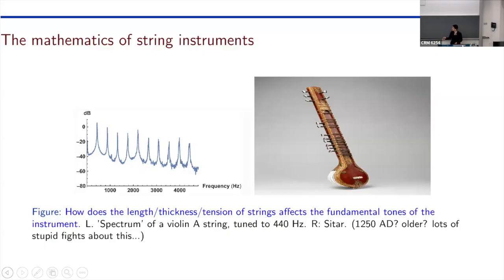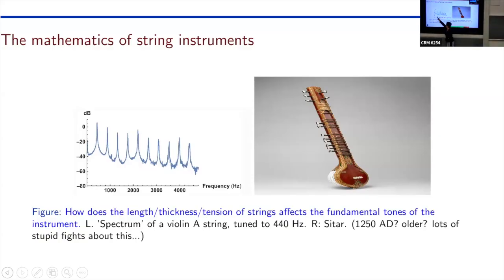So for example, on the left, there's a picture of the spectrum of a violin A string. You can see that at some points along the x-axis, which is the frequency domain, yeah, does it actually show up? No. All right, so along here is the frequency of the string, and I'll try and explain what that is in a bit.